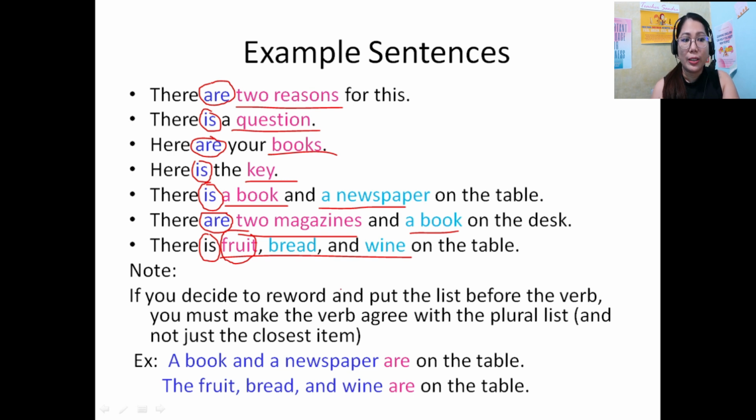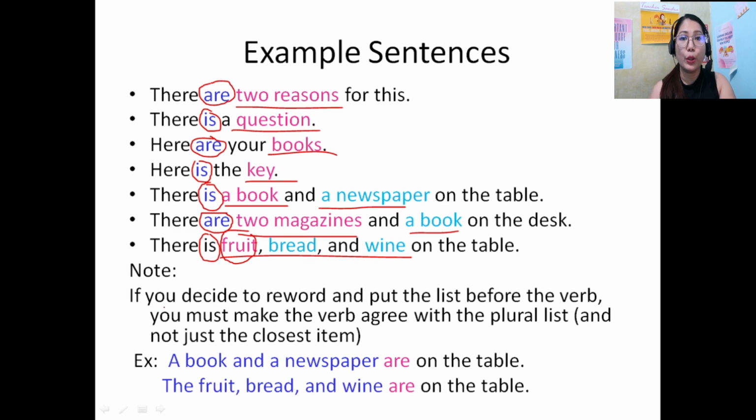This is where you cut out words that are repeated. It's like there is fruit, there is bread, and there is wine. Instead of saying that, we just omit the repeated word. So that is ellipsis. There is fruit, bread, and wine on the table.